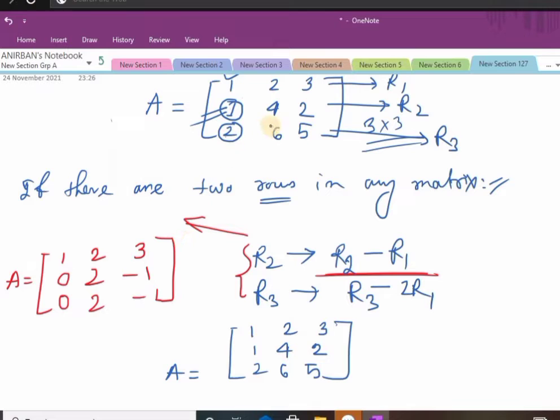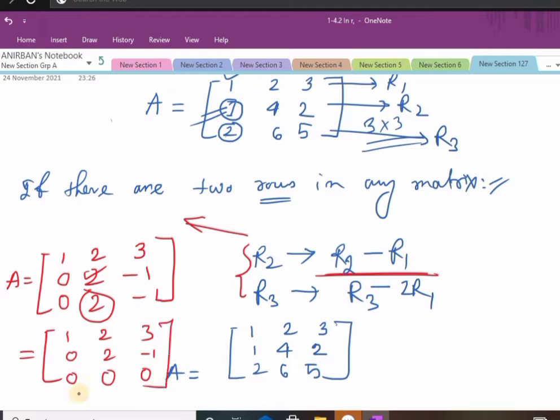Then what is our next step? We have to make this element 0 with the help of this element. So now we have 1, 2, 3, 0, 2, minus 1, and now if you subtract, 2 minus 2 will be 0, and here also it will be 0. So now you can leave this row.